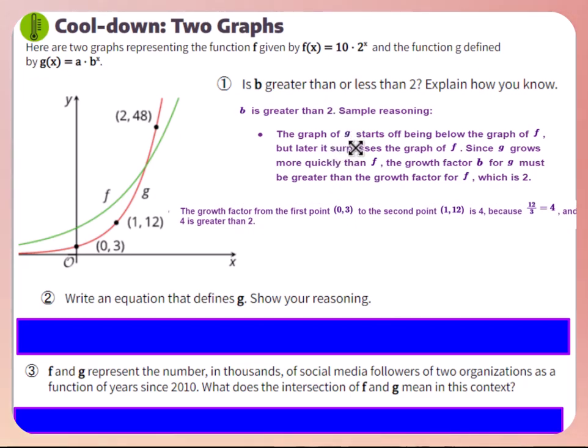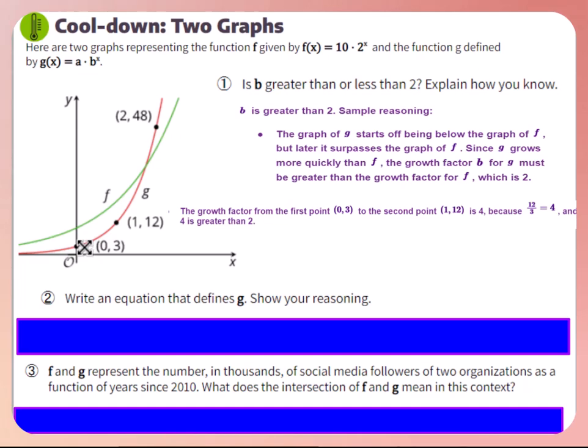The graph of G starts off below the graph of F. How do we know? The graph of F starts at 10. That's the green line. The graph of G is the red line, so that starts below.